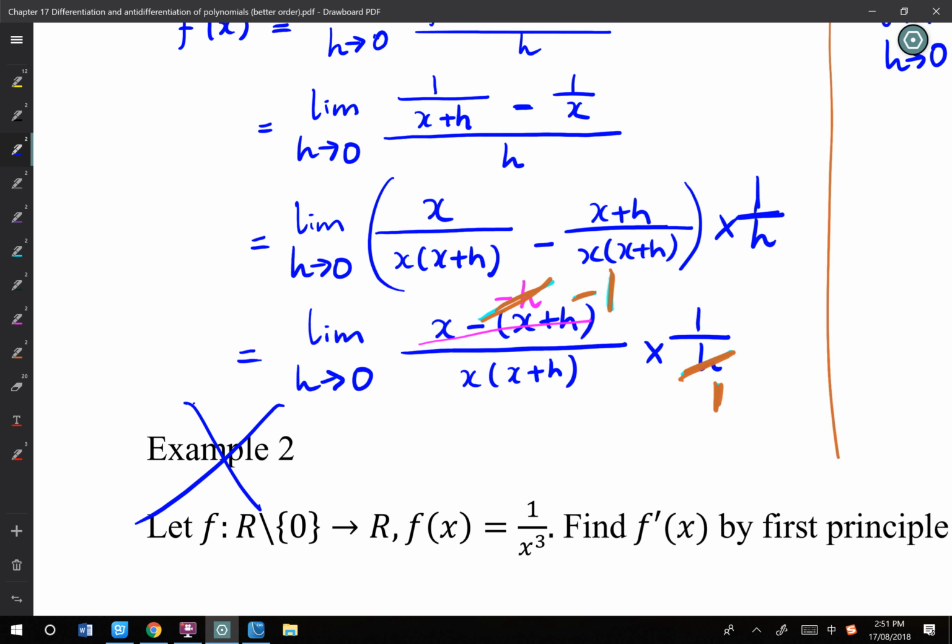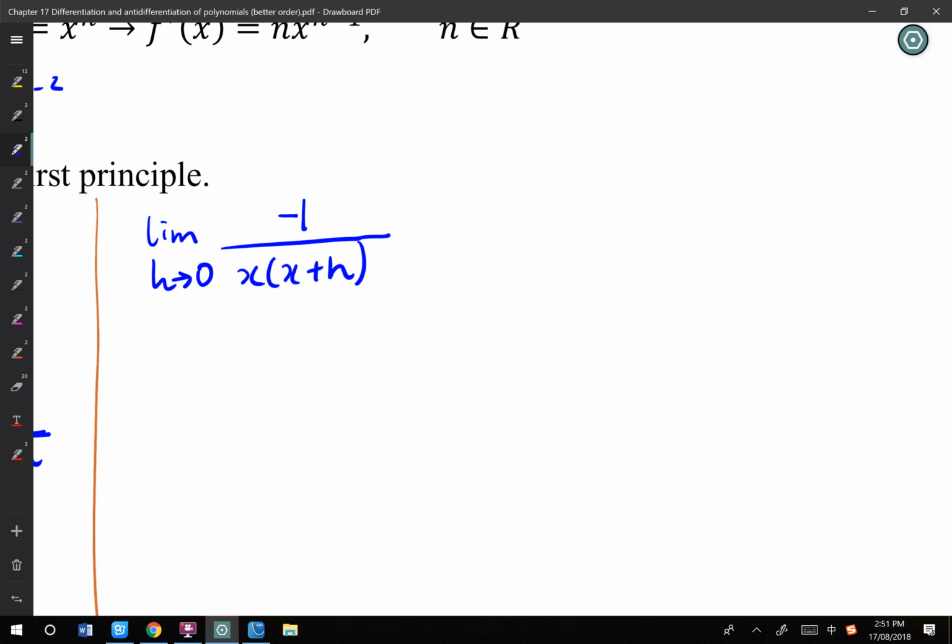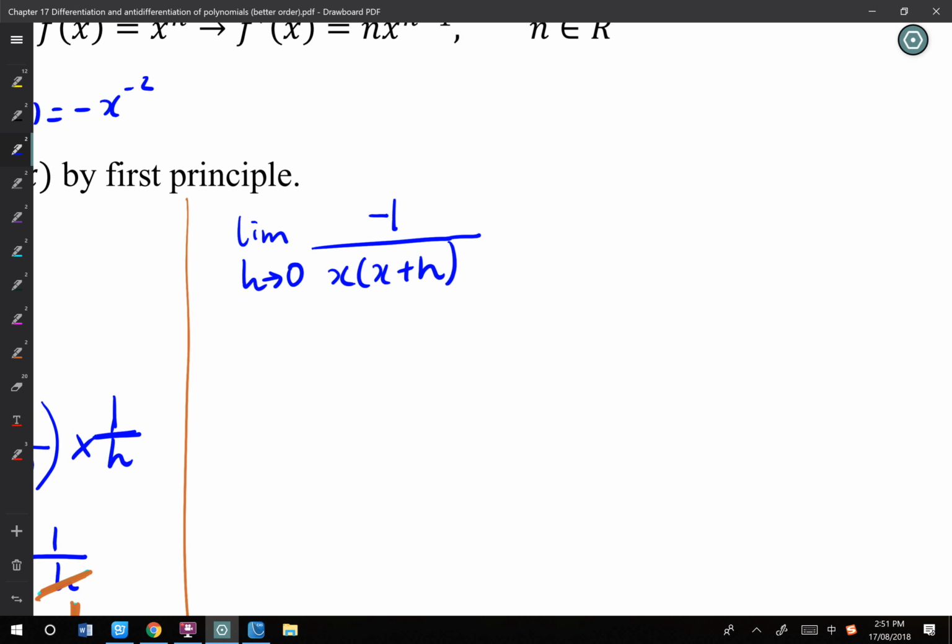I can't substitute earlier because h is in the denominator. If I sub h equals 0, the denominator becomes 0. So I need to keep simplifying. But some of you, after this step, are still a little worried: can I substitute? Well, why not? If you substitute that in, your denominator won't be 0. Everything's good, so I can substitute directly after that step.